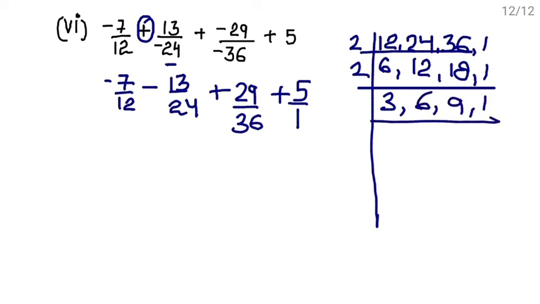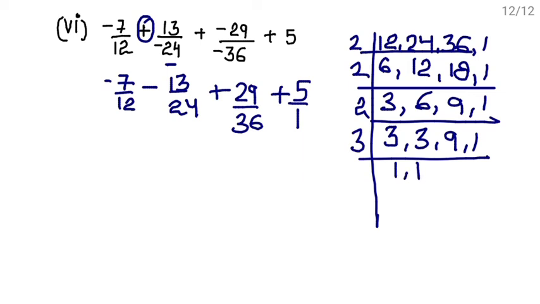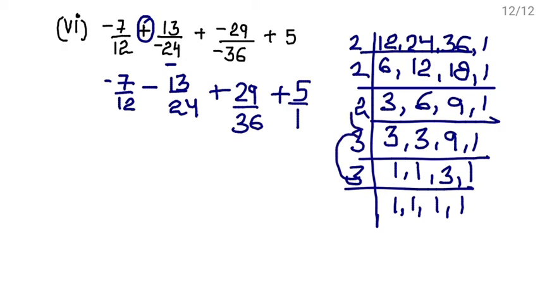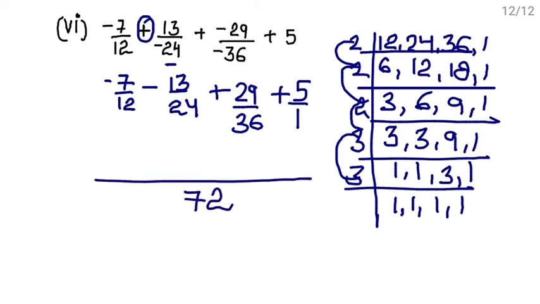Again by 2: 3, 6, 9, 1. By 3: 1, 2, 3, 1. Again by 3: 1, 2, 1, 1. So the LCM is 3 threes are 9, 9 twos are 18, 18 twos are 36, 36 twos are 72. So the denominator will be 72.